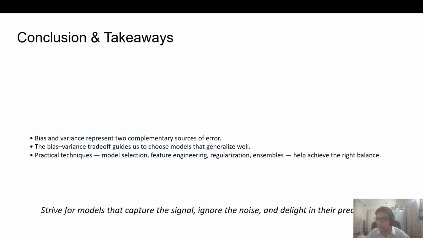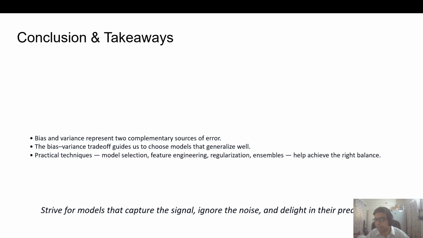Then we can move to the last slide and talk about the conclusion and takeaways from this session. So if we have to summarize this, bias and variance are two complementary sources of error. The bias-variance trade-off guides us in selecting models that will neither oversimplify nor overfit.